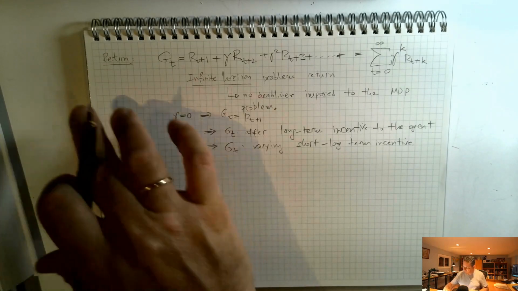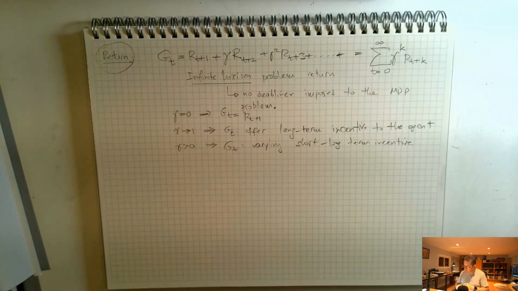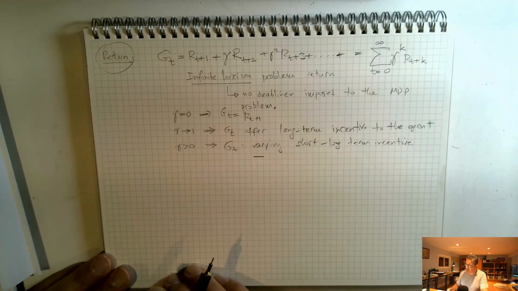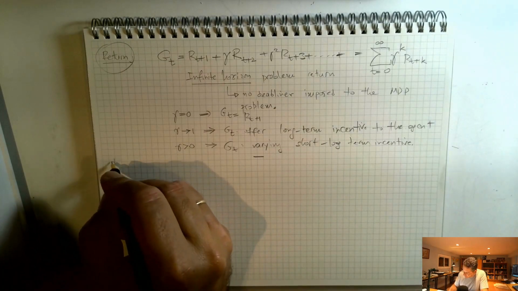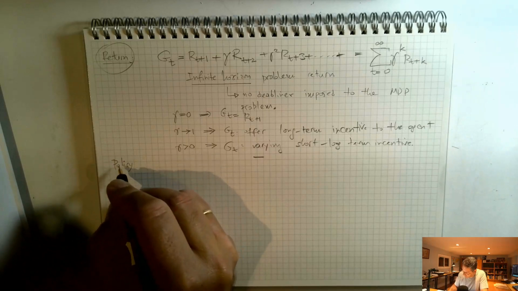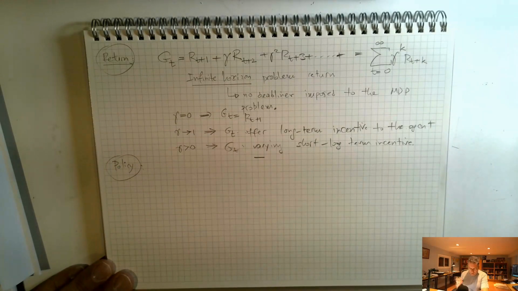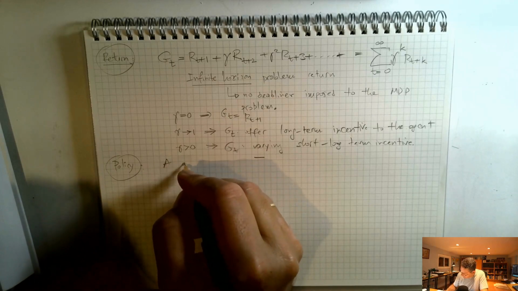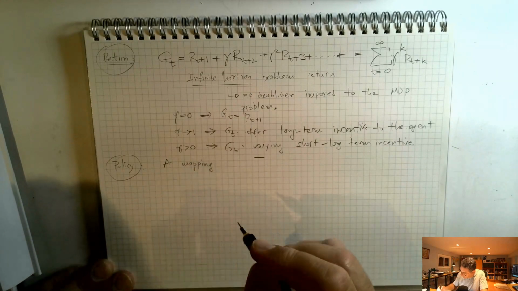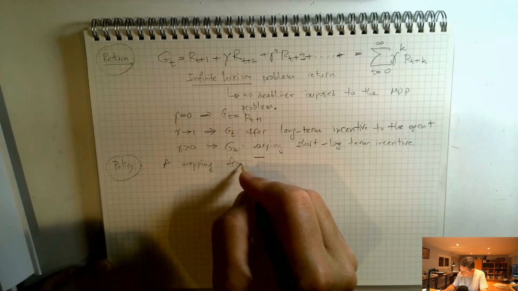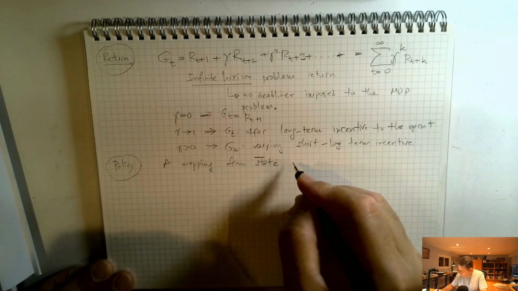All right, now that we have seen the return and connected that to the long-term goal of the agent, the time has come to formally define a very important term, which is called policy. So what is a policy? It is a mapping from state to action.